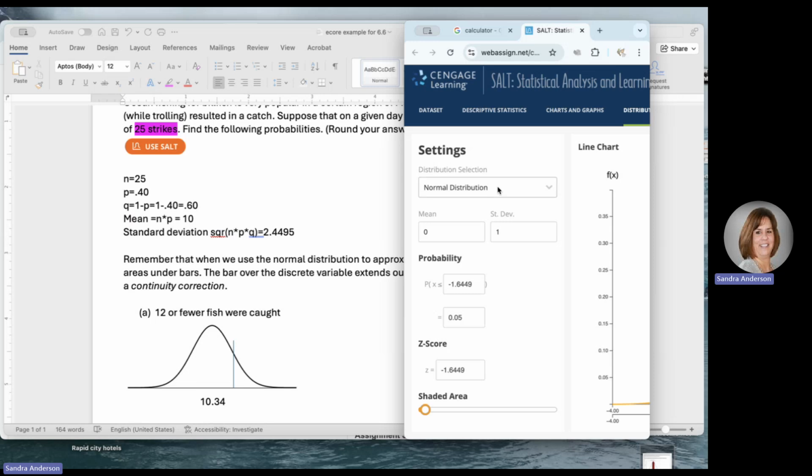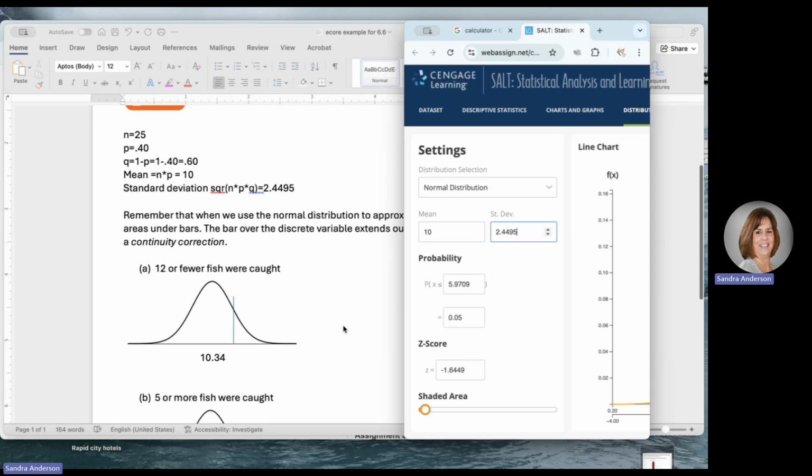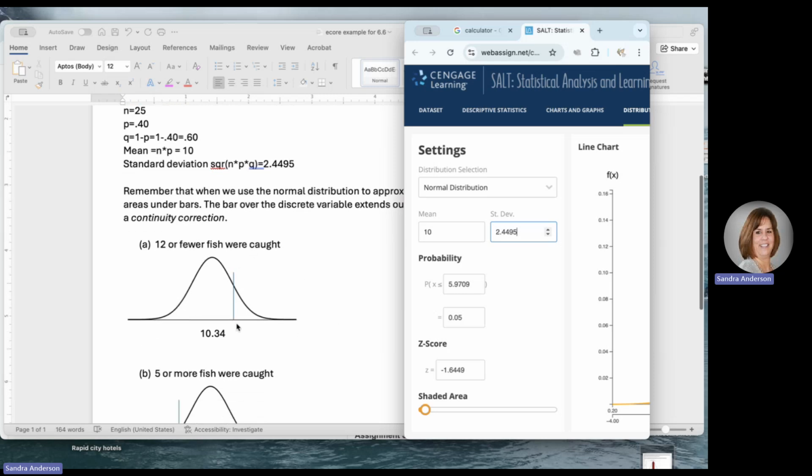Okay, so we have a normal distribution. Our mean is 10. Our standard deviation is 2.4495. And we want to know the probability that 12 or fewer fish were caught. Let's say this bar right here is on the 12 line.